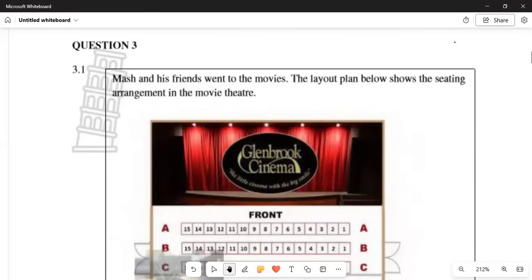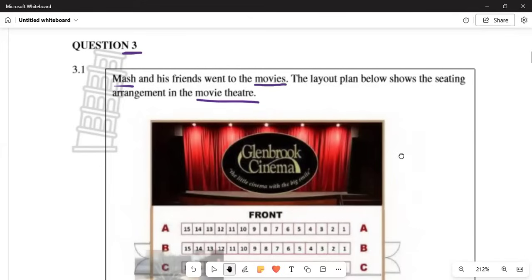All right. And then we have question number 3, in 3.1. They say Mesh and his friends went to the movies. The layout plan below shows the seating arrangement in the movie theater.